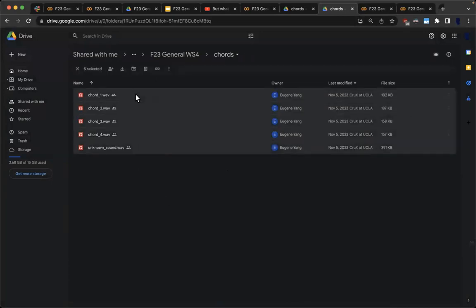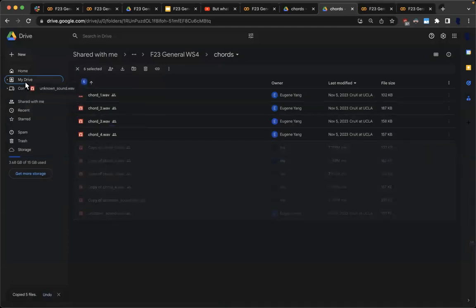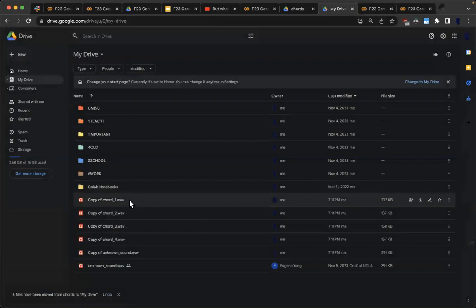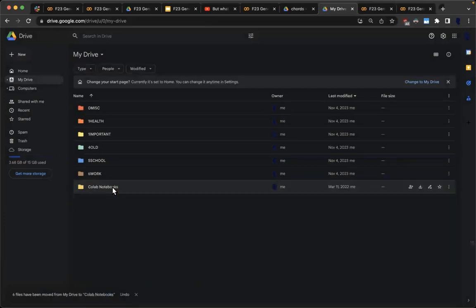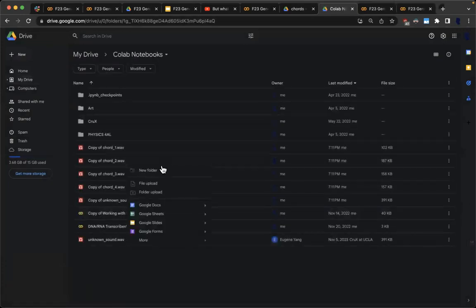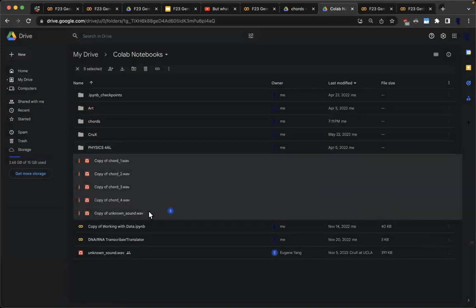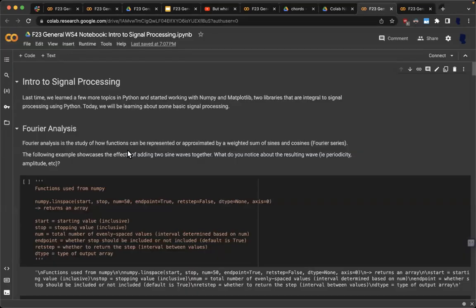So I'm going to make a copy. You can right click it, select all, make a copy, and it'll copy it to your drive. It should be in your drive. And we move it, and then we can move that all to Colab. We can also put it in another folder. We can call it whatever we want, chords. So I have all this copied, and I have it in chords.